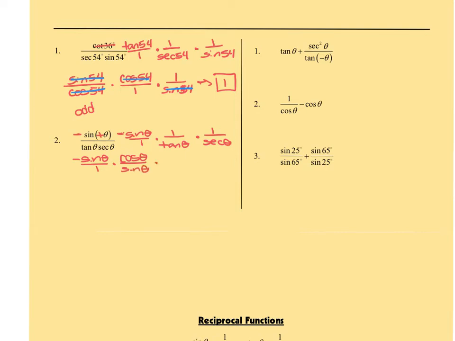Then 1 over secant is the same as cosine. So that's going to become a cosine theta over 1. So now I can see the sines are going to cancel, but I still have the negative, and I still have the cosine and the cosine. So this is going to simplify to a negative cosine squared theta. Remember, the squared goes between the cosine and the theta.